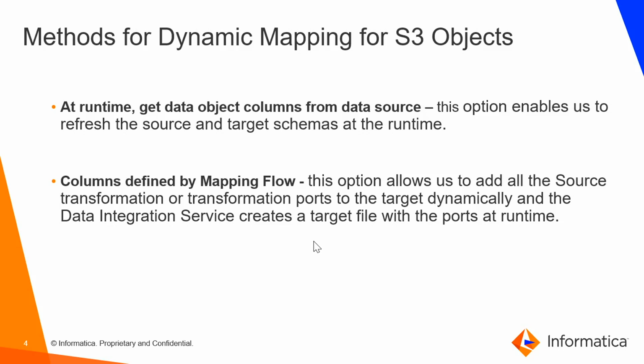The second option is to use columns defined by mapping flow. Using this option, we can create a target depending on the upstream transformations. Whatever ports are contained in the upstream transformation, those will be the same ports that will be returned to the target.